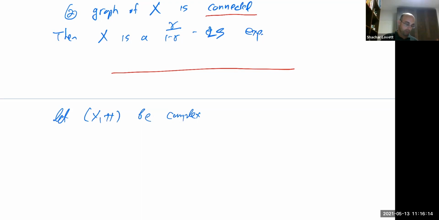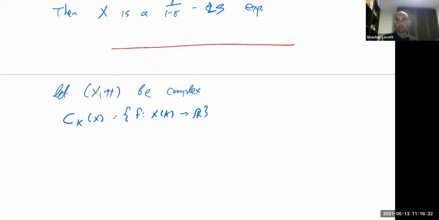So one was this definition of function classes. C^k of X is just the space of all functions from X^k to the real numbers, all real valued functions on the kth level of the complex. And we endow it with a distribution coming from pi_k.